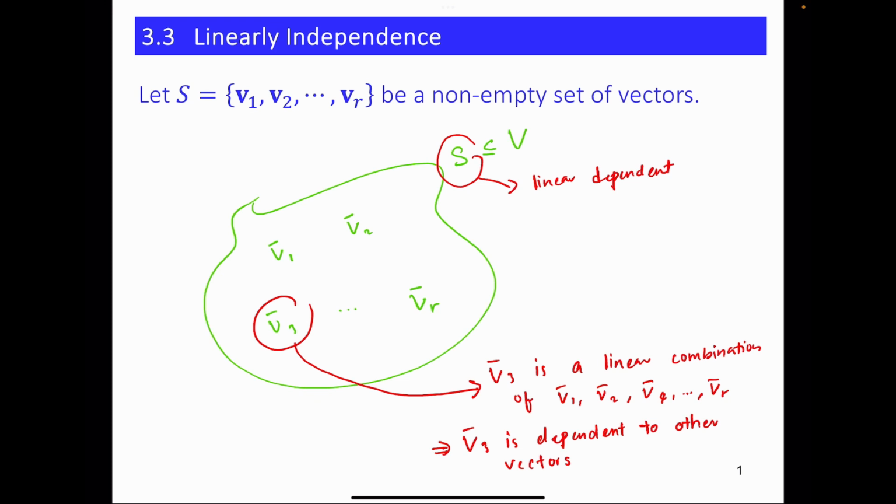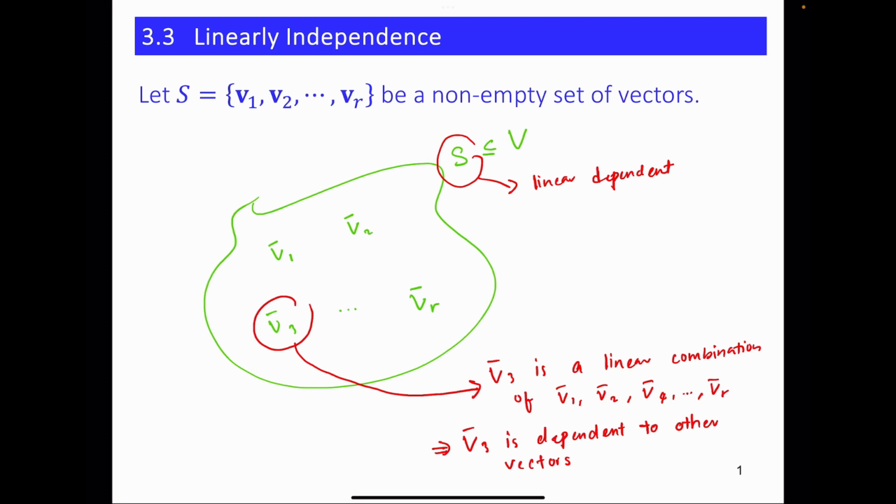So basically S is linearly dependent if we can find at least one vector in the set S such that the vector is a linear combination of the other vectors in the set S.